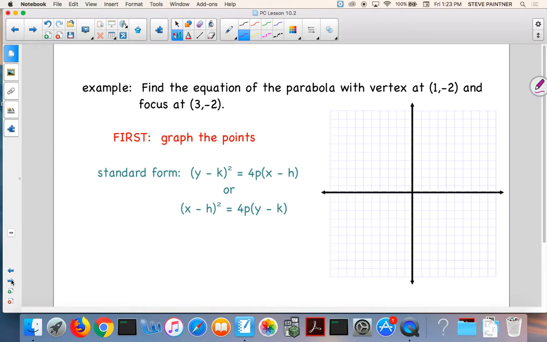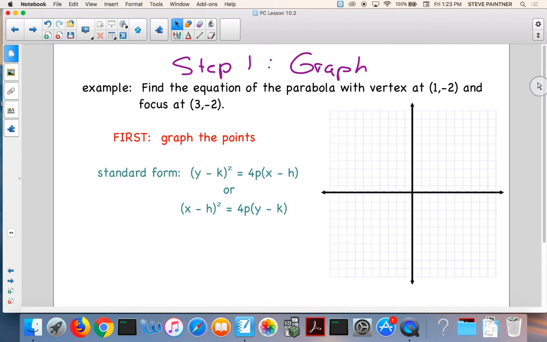What's the first thing you should do with a parabola problem? Graph it. Step 1, graph what you know. What do we know?